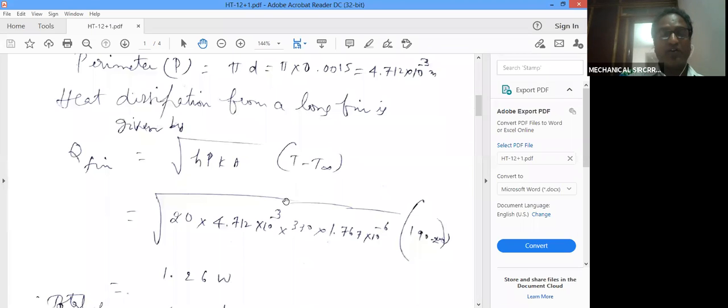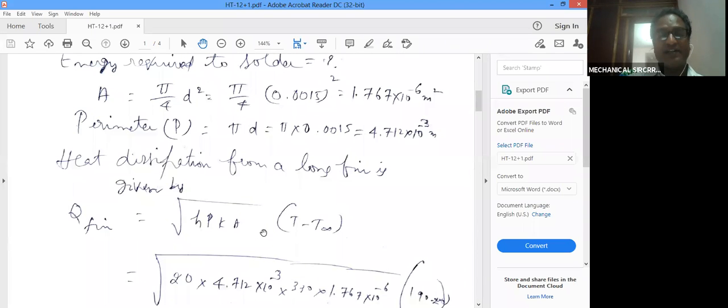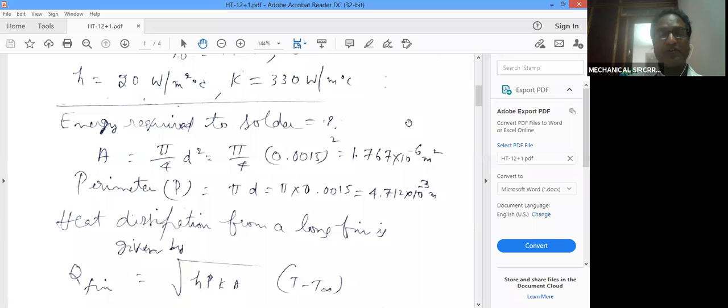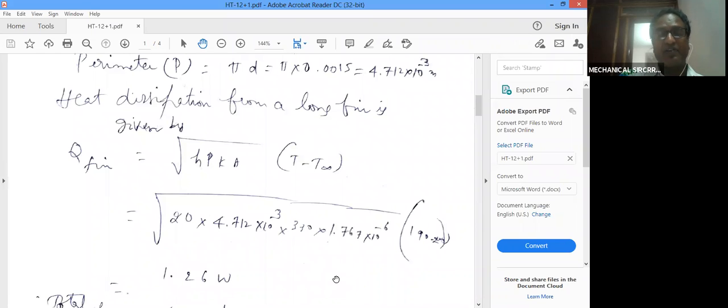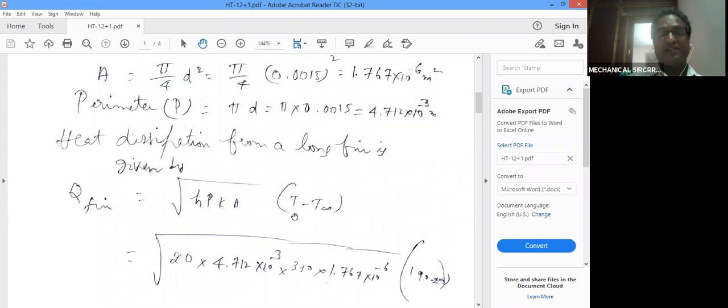So Q fin is the root of h, given as 20, into perimeter calculated as 4.712 into 10 power minus 3, into thermal conductivity k 330, into area calculated 1.767 into 10 power minus 6, all within the square root, into T naught at the base, that is 190, minus T free stream, the temperature of the air, 20 degrees.